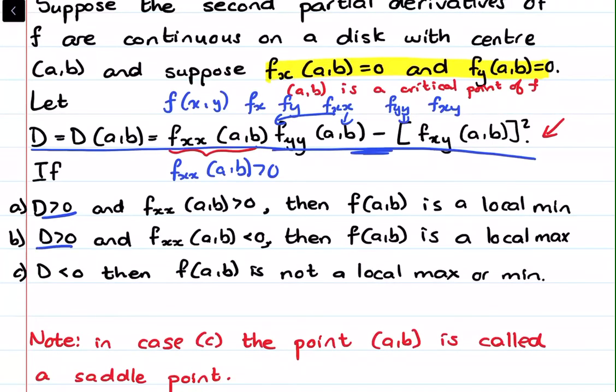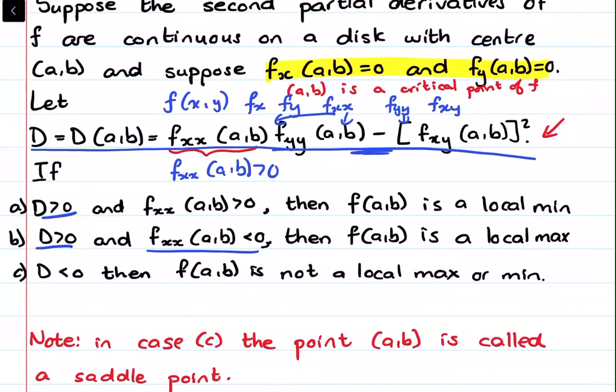So if D is again positive, but then f_xx is negative, then f has a local maximum and f at (a, b) is a local maximum value.